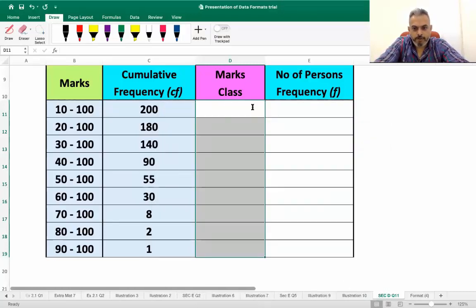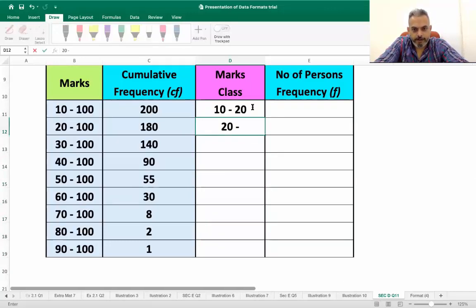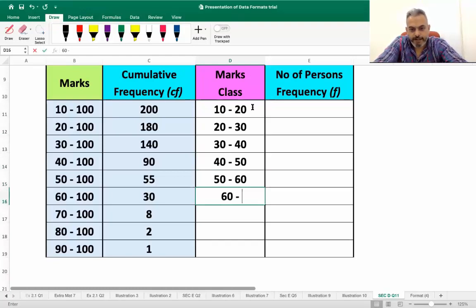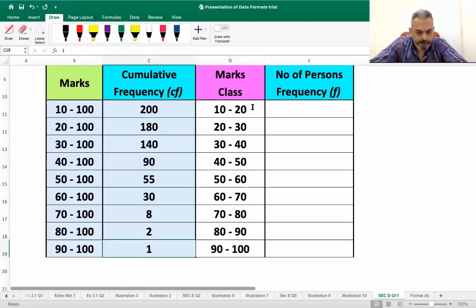Okay, now 10 to 20, 20 to 30, 30 to 40, 40 to 50, 50 to 60, 60 to 70, 70 to 80, 80 to 90, and 90 to 100. This one, 90 to 100. Now, number of persons. So again, we keep on subtracting.